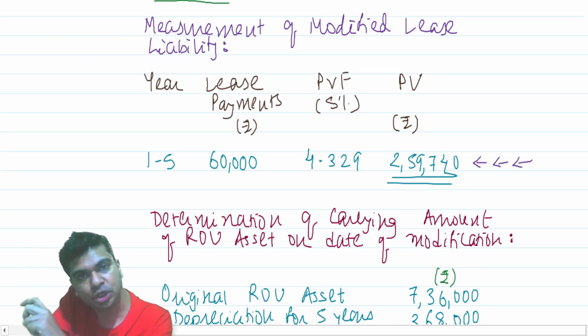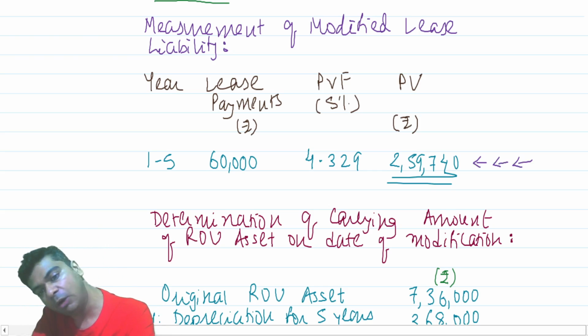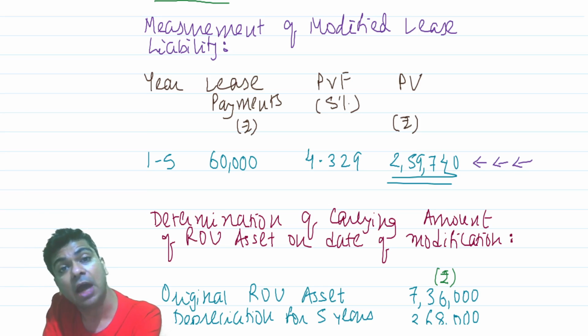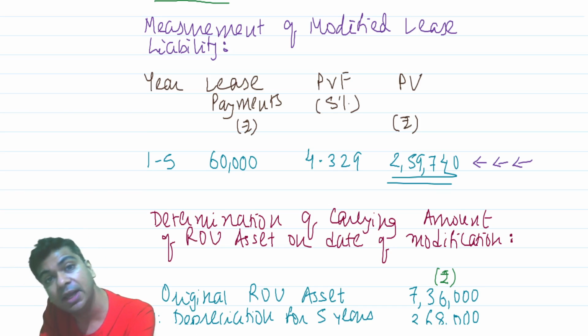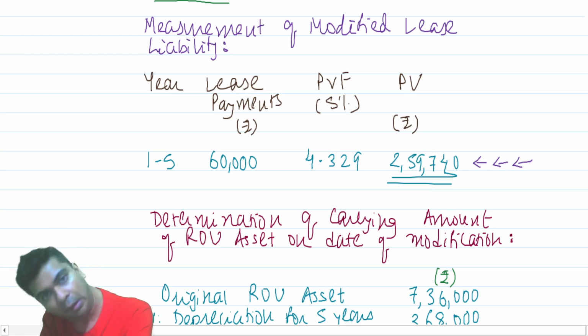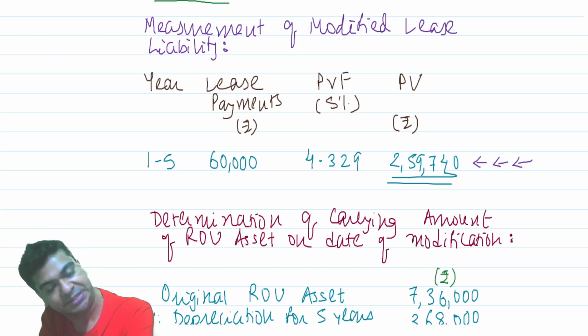We have to remeasure the lease liability. The remeasured lease liability, we will compare with how much balance of lease liability as per the original terms is left. So the difference will be the adjustment to be made, and this adjustment will be routed through, obviously, the ROU asset.